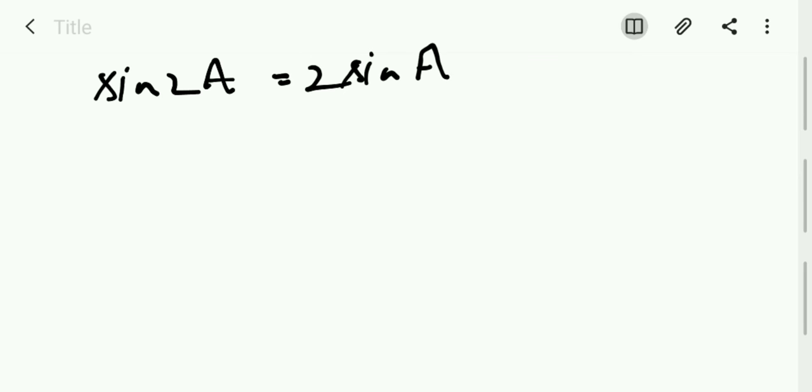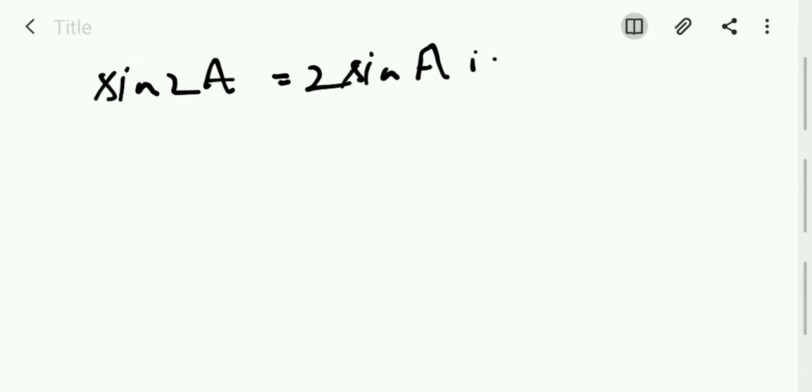Now the example or the sum states: sine 2a is equal to 2 sine a is true.